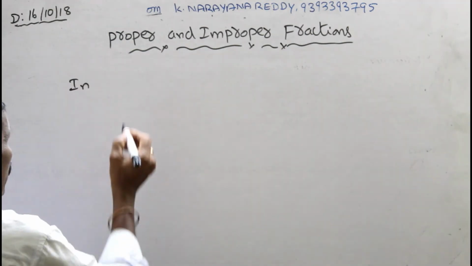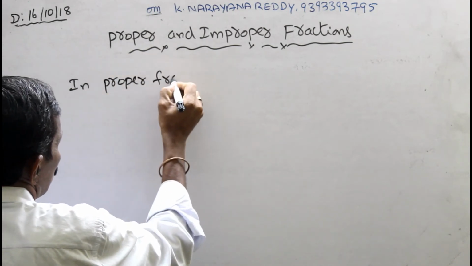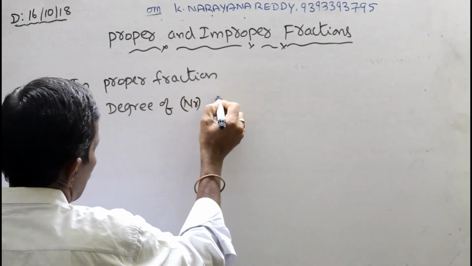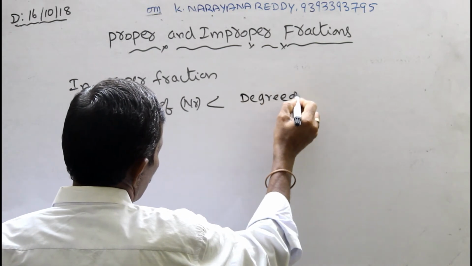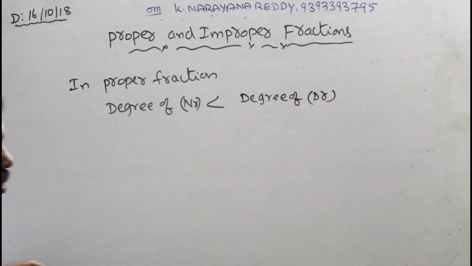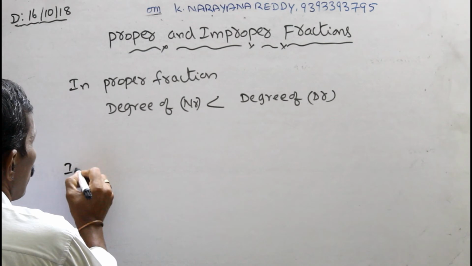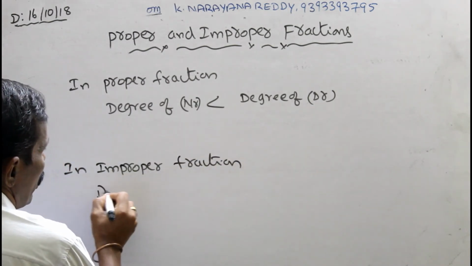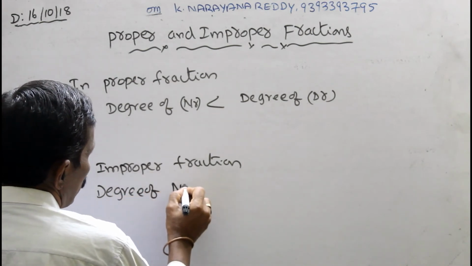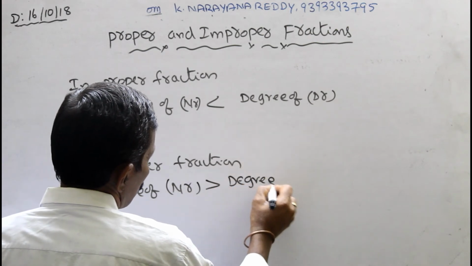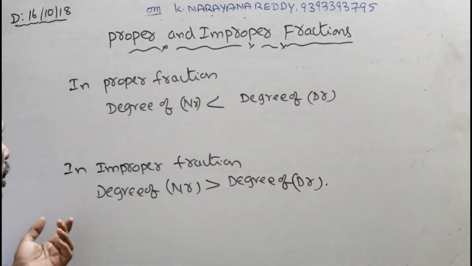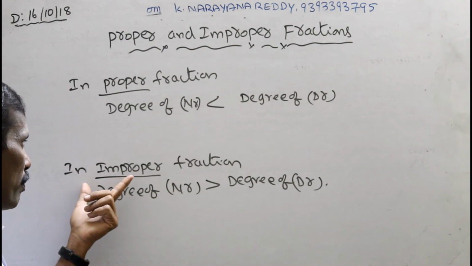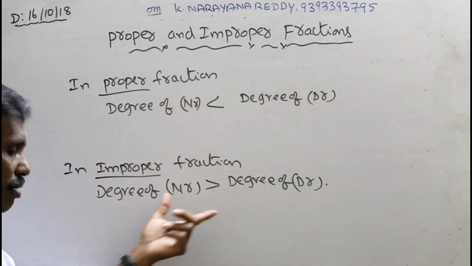So in a proper fraction, the degree of the numerator is less than the degree of the denominator. In an improper fraction, the degree of the numerator is greater than the degree of the denominator. That's all. These are two polynomials.